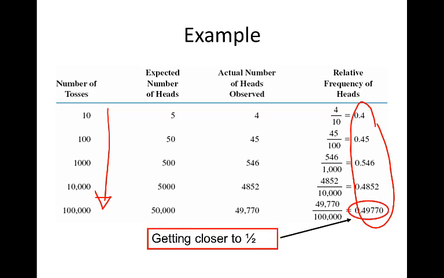That's really important. That's one of the biggest things I want you to get out of the probability lesson. As I increase the frequency, the number of tosses in this case, the closer I would expect my relative frequency to be to the theoretical.